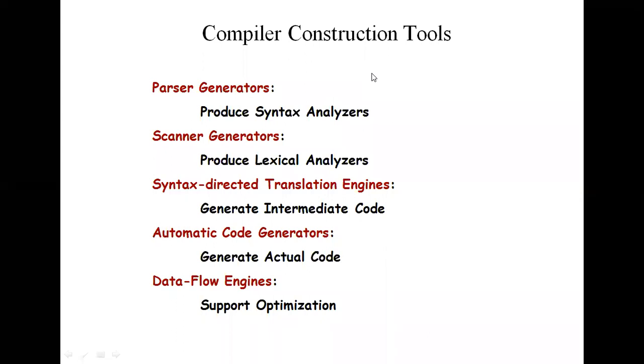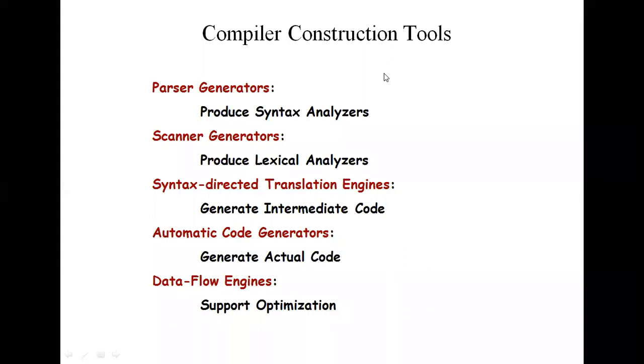And the final tool, the data flow engine, which is the fifth tool in this, always supports optimization. Also this data flow analysis is required to perform good code optimization. So the data flow engines are basically useful in code optimizations.